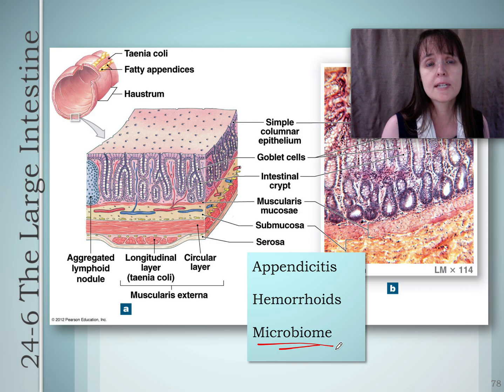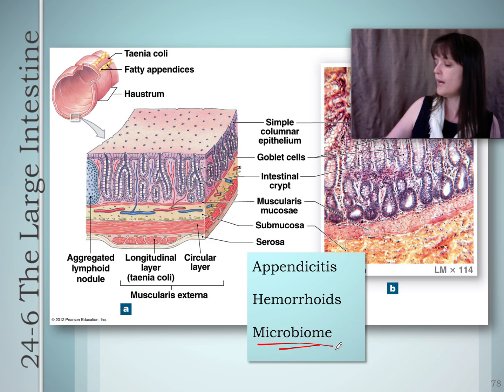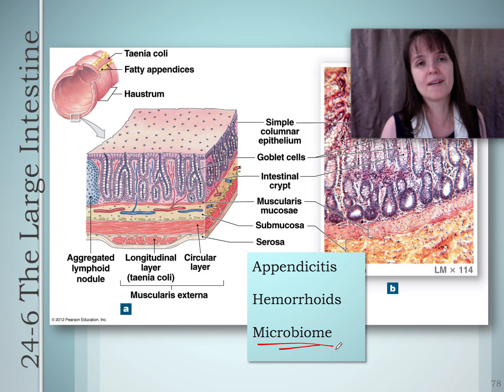Because without a healthy microbiome, you're not making all the vitamins that you need, and you're also susceptible to all kinds of different infections like C. diff, which happens after repeated antibiotics, because the antibiotics kill off the good bacteria, in addition to the bad bacteria.